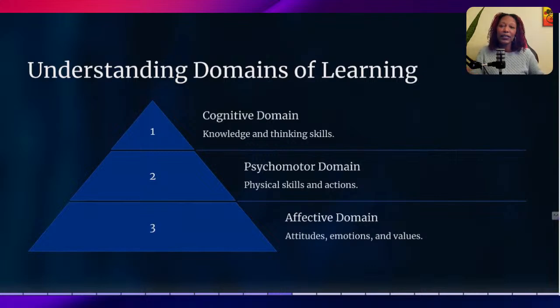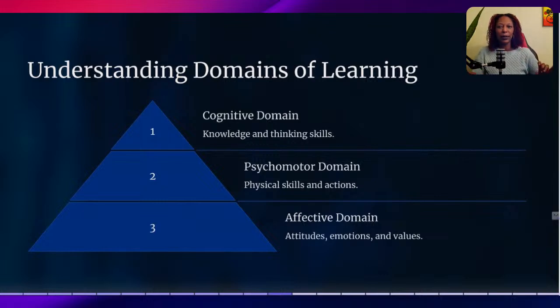And then the last domain is affective. It focuses on the emotion, the attitudes, and the values. A little bit earlier, I said when you're building your course, you want to impact the head, the hands, and the heart. And this affective domain is the one that impacts the heart. And so it's helping people to either shift their emotions, their attitudes, or their values.